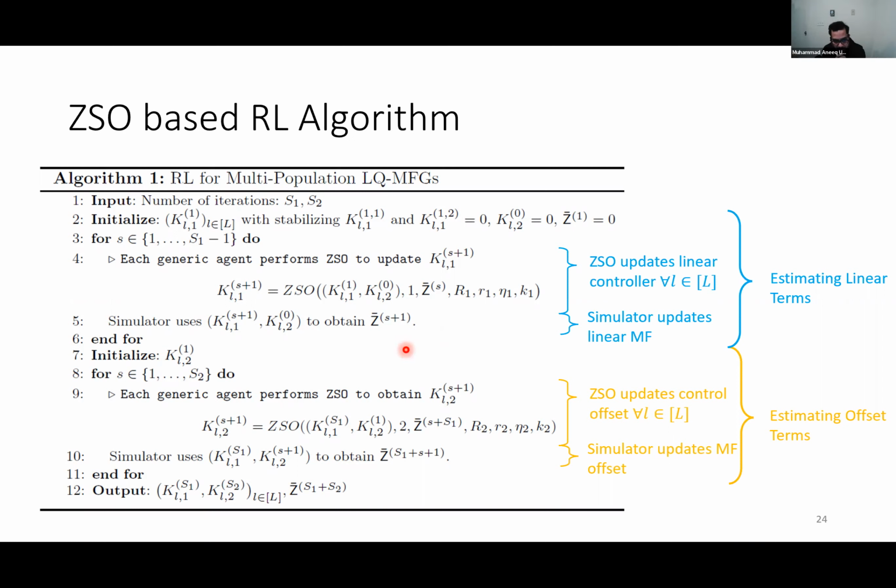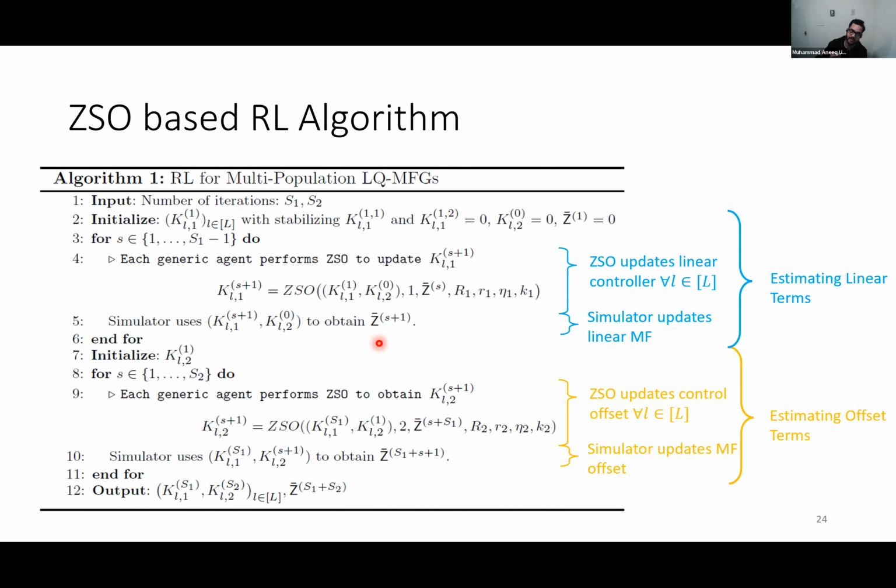Yeah, so actually that can be shown to be stabilizing because of the simple reason that if K becomes unstabilizing, the cost actually goes to infinity. So if you start with a stabilizing K, then your cost in the ZSO can be shown to be strictly decreasing. If the cost is decreasing, your controller is for sure stabilizing. An effect of that is that the Z bar trajectory will also be stable.